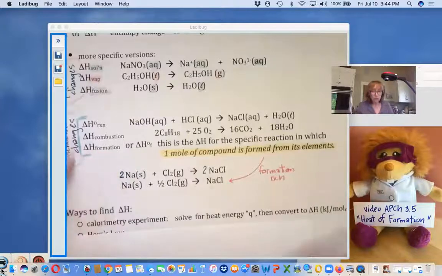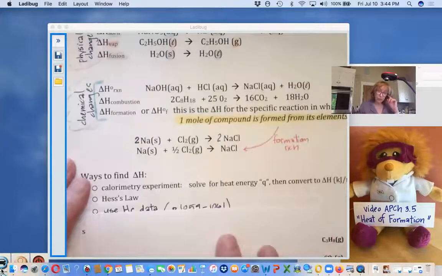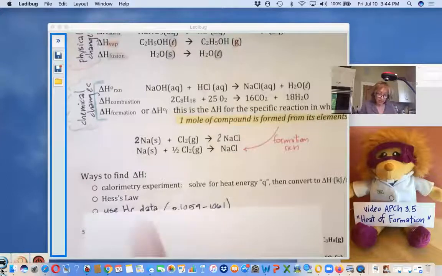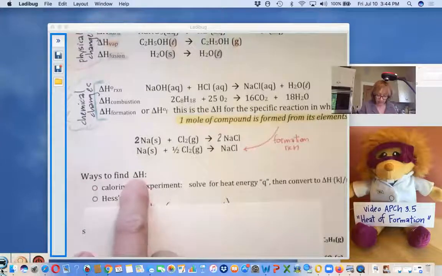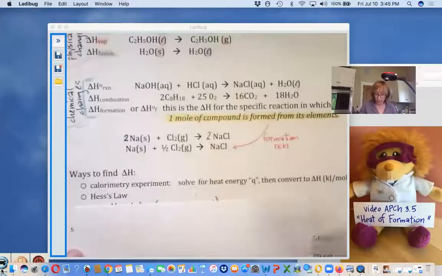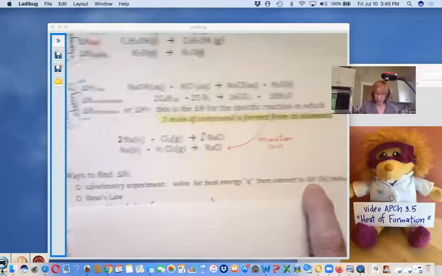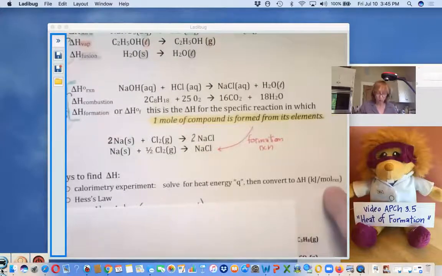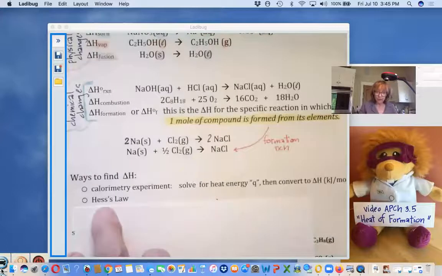Okay, so thus far in our study of thermochemistry, we have calculated delta H through calorimetry experiments. That's where we solve for Q and then convert it into kilojoules per mole. We've looked at Hess's law, where you approach it like a puzzle and you find equations that you can add together to get to the equation that you're interested in.